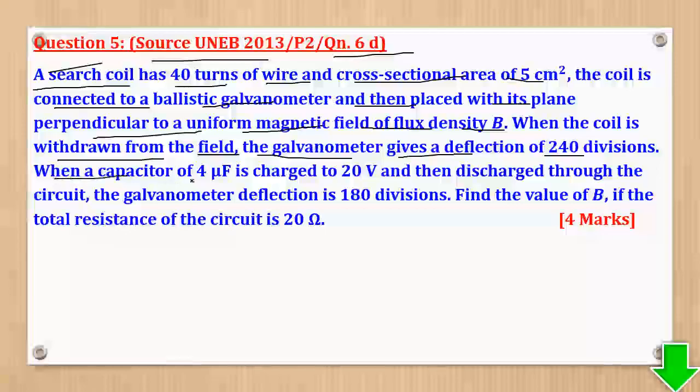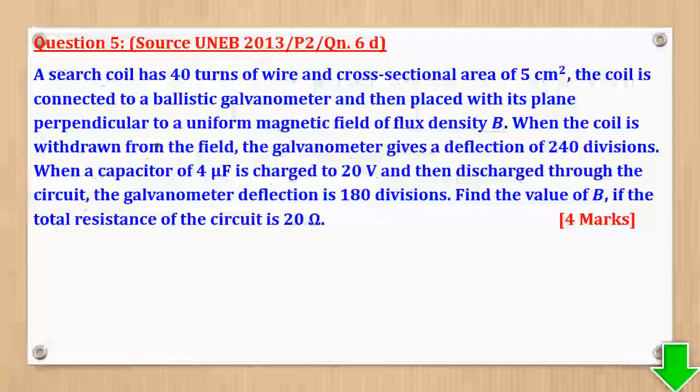When a capacitor of 4 microfarad is charged to 20 volt and then discharged through the circuit, the galvanometer deflection is 180 divisions. Find the value of B if the total resistance of the circuit is 20 ohms.